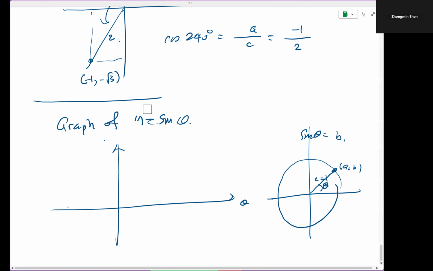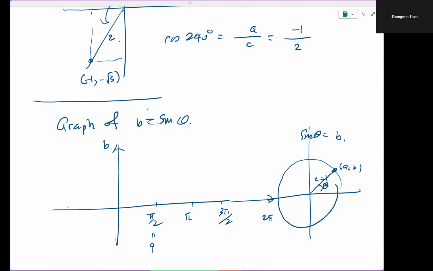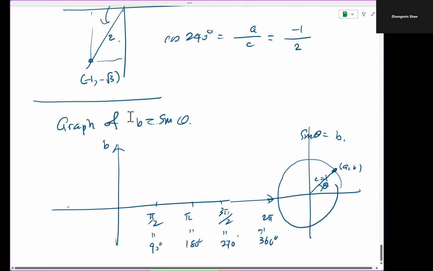In other words, I can use B, it's better. So if here's pi over 2, here's pi, here's 3 pi over 2, here's 2 pi. Pi over 2 is 90 degrees, pi is 180 degrees, 270 degrees, 360 degrees.